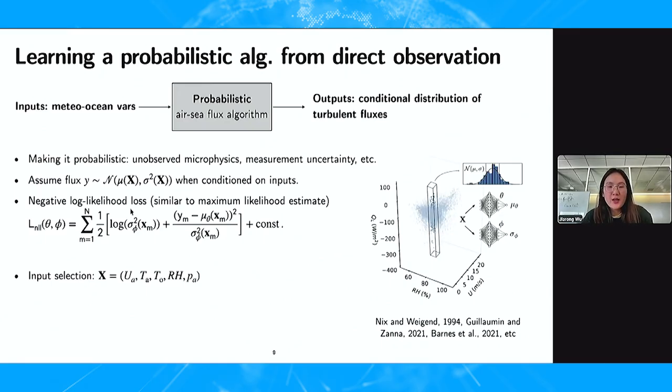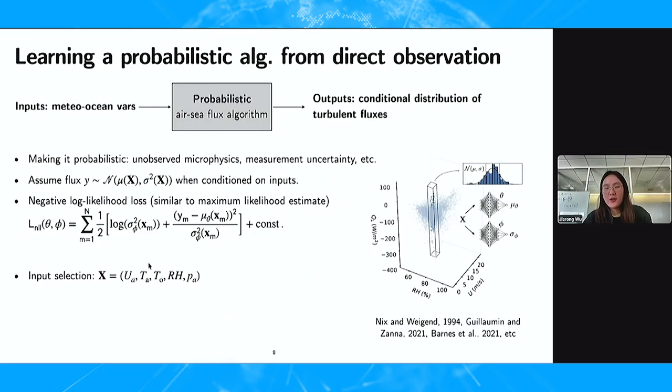We also made the further simplification that we assume the output is univariate Gaussian when conditioned on inputs. That means we only need to learn the conditional mean and the standard deviation.